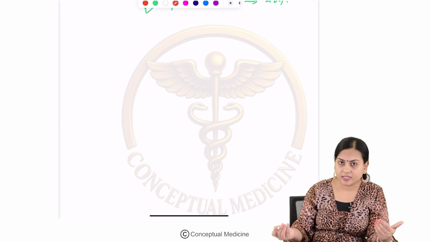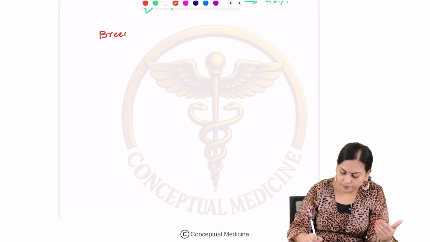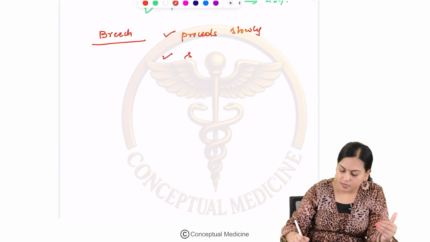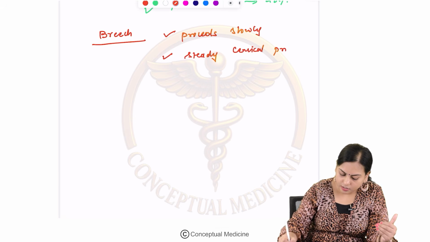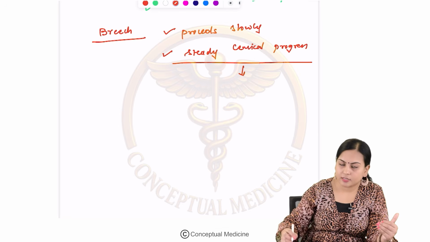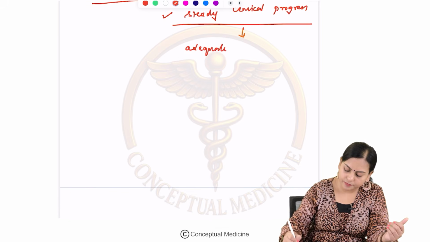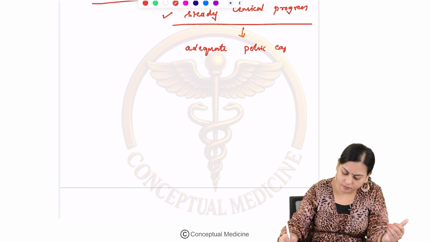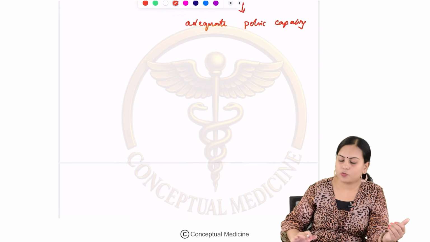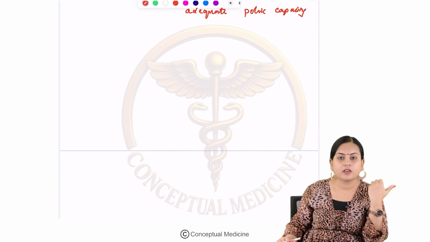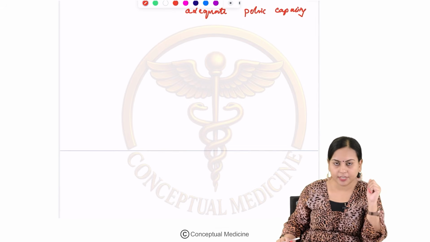Now, we have to understand that breech labor generally proceeds slowly, but whenever there is a steady cervical progress, then it is considered as a case where there is adequate pelvic capacity. Okay. So, most of the times, as I told you, cesarean section is preferred instead of induction or augmentation of labor. Clear? Right.